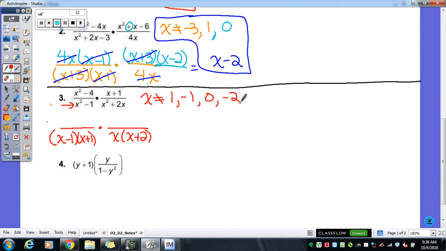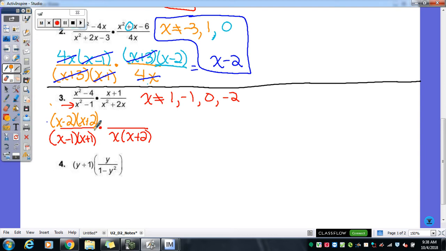So let's finish factoring out our numerators. X squared minus 4, that's another difference of squares. So that would be x minus 2 times x plus 2. Can we factor x plus 1?